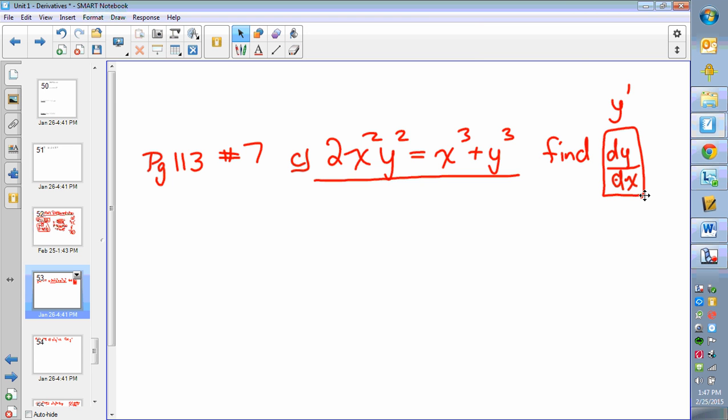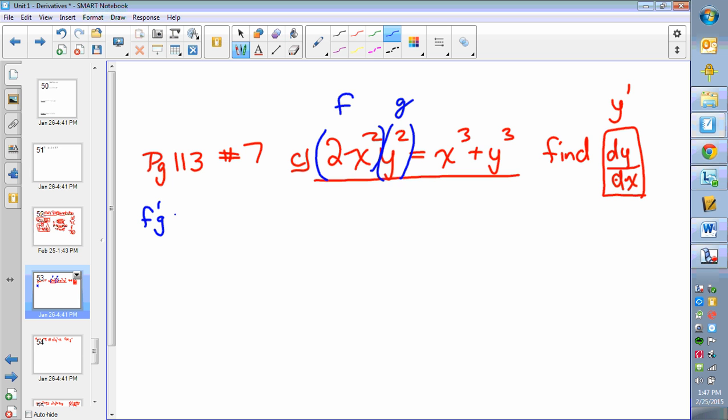All right, so switching colors, I look at this as two functions, 2x squared and y squared. The first function I will call f, and the second I will call g. So I will use our product rule that says f prime g plus f g prime. That's how you get the derivative of a product of two things being multiplied.